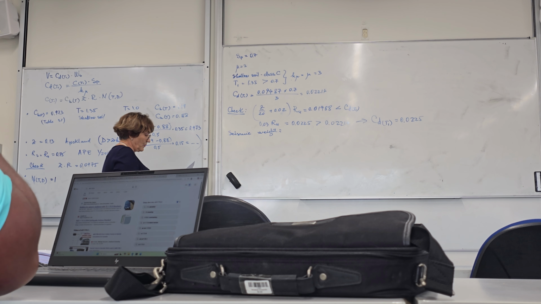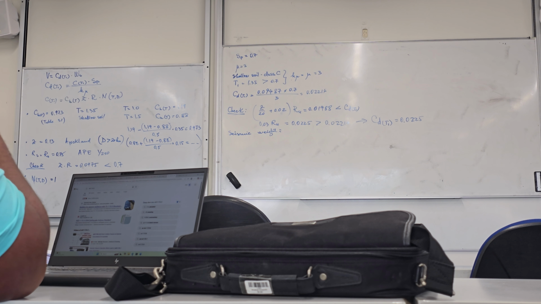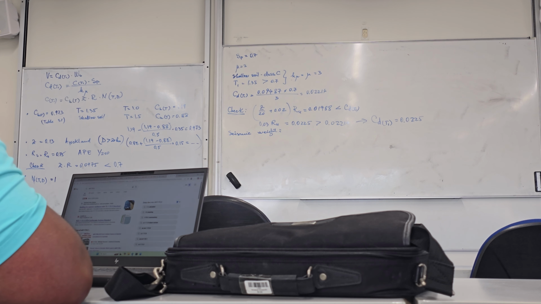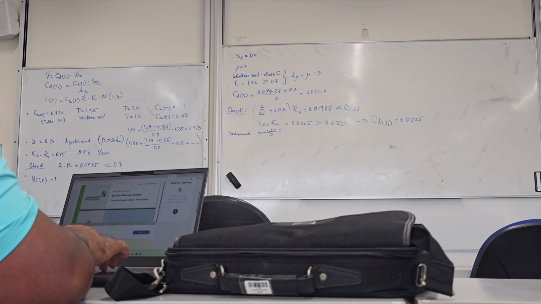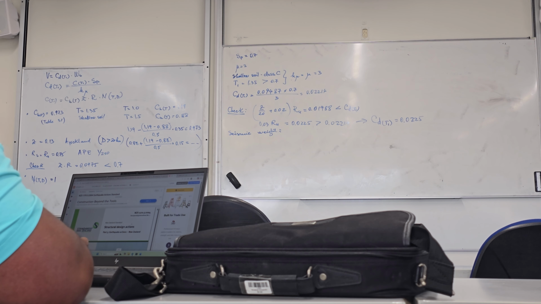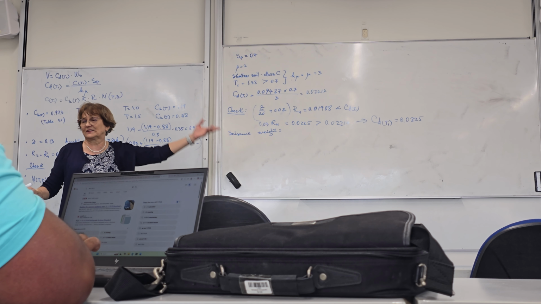Now, from the action which are given, it's clear that the roof is used for activity types, because it's G plus QU. And in this case, you don't really have to find the reduction factor from the table.